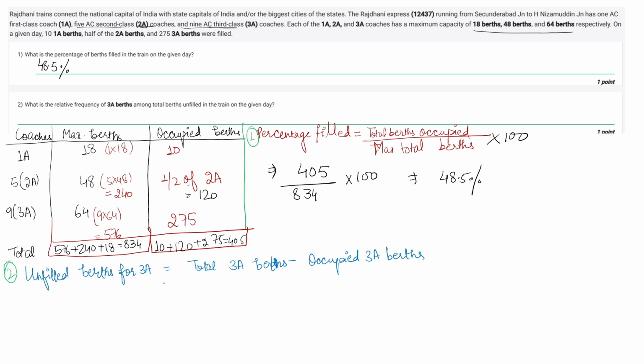So this will be 576 minus 275 is equal to 301.